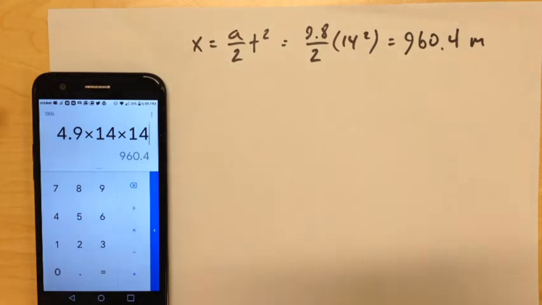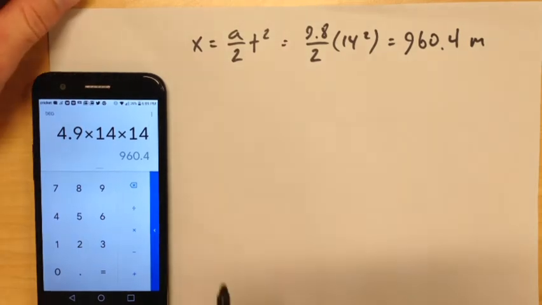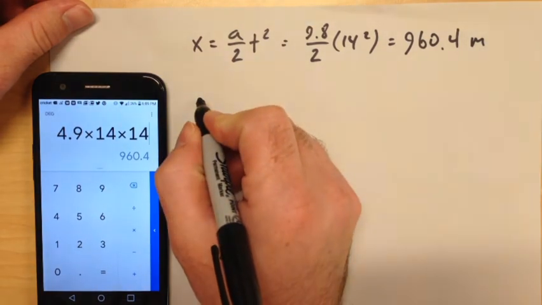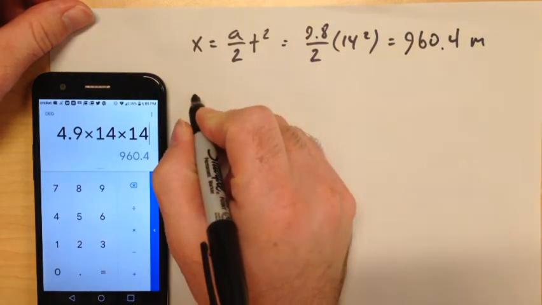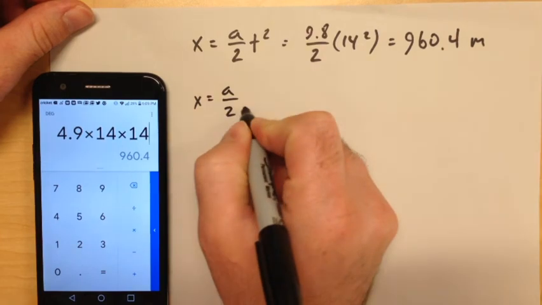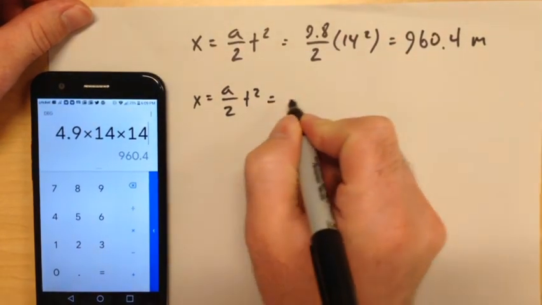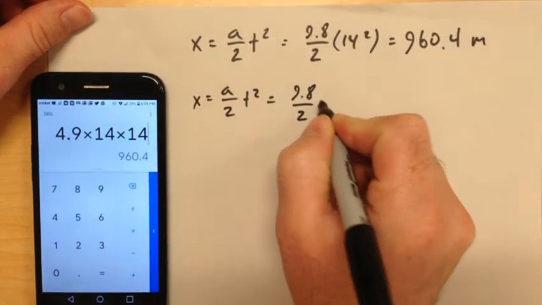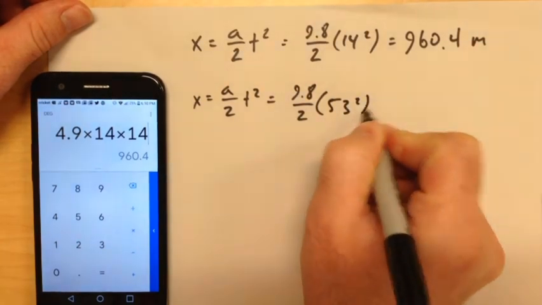53 seconds. So how far had the Balrog fallen when Gandalf caught up to it? That would be falling for 53 seconds. So we just have to do the same thing except for 53 seconds. Okay, so that's going to be same equation, 9.8 over 2 times 53 squared.